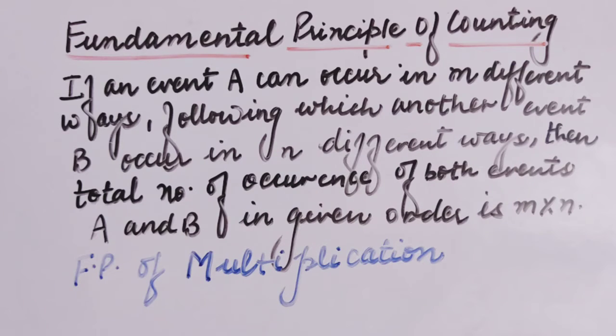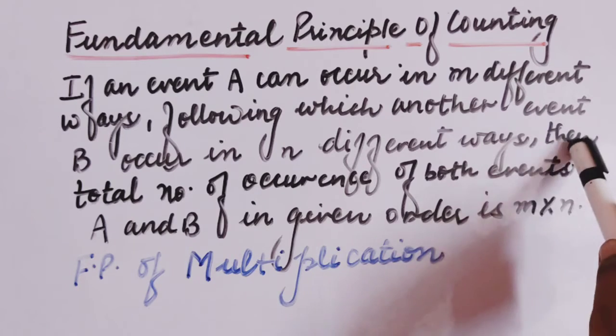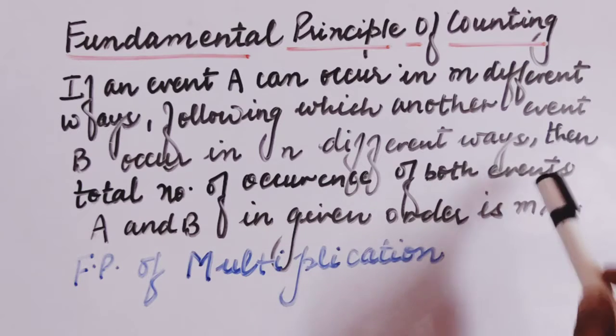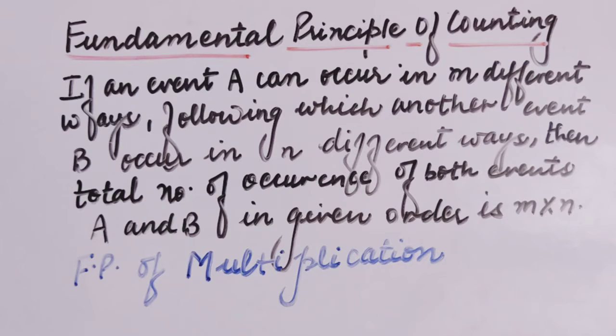It means with the same example we are understanding it. She is entering the cinema hall by the 3 entry gates and she is also exiting the cinema hall, and how many ways are there to exit the cinema hall? There are 2 ways. So the total number of occurrences of both the events: if both events have occurred, then what will be the number of possibilities of occurring of both of the events?